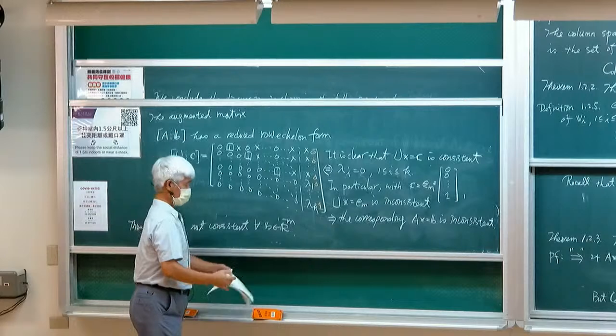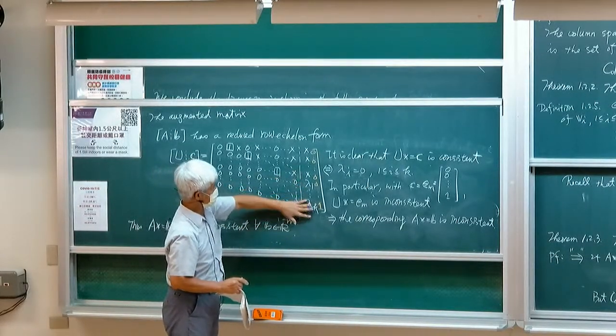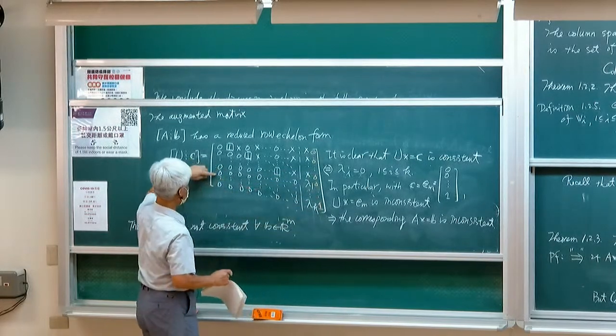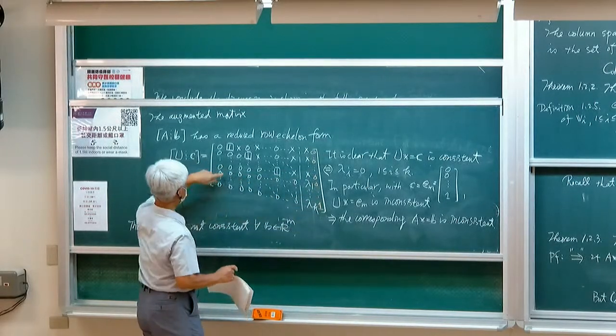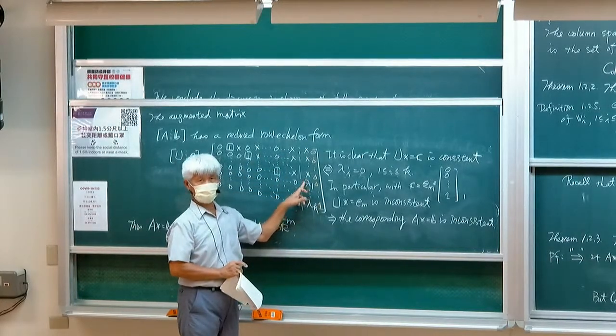Because this one is a pivot, you can do a row exchange so that the 0, 0, 0, 0, 1 row goes to this position. And so the first 0 row in the coefficient matrix will have a pivot position.